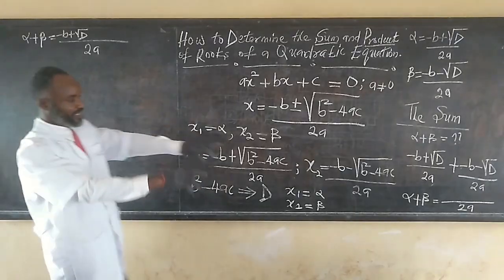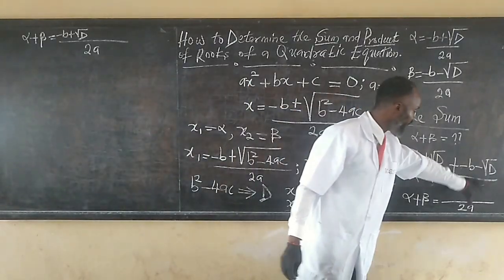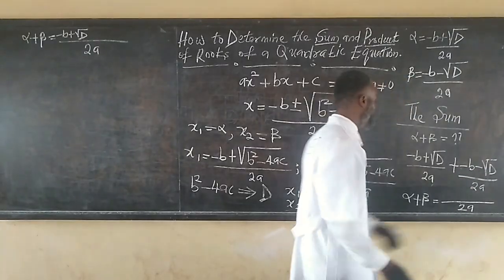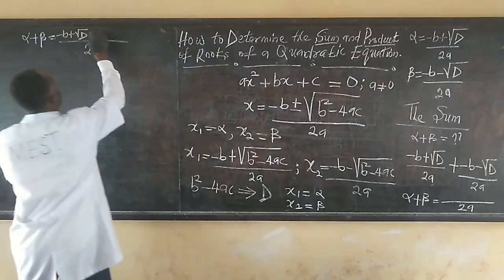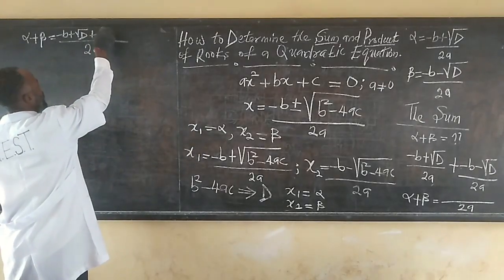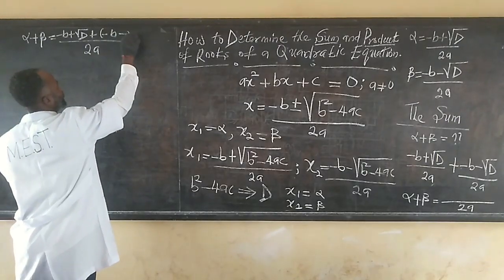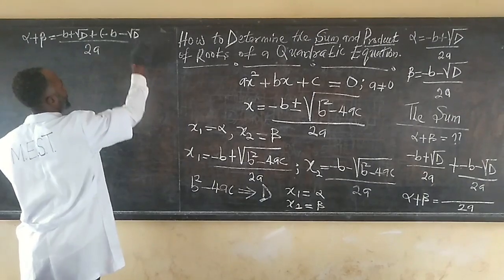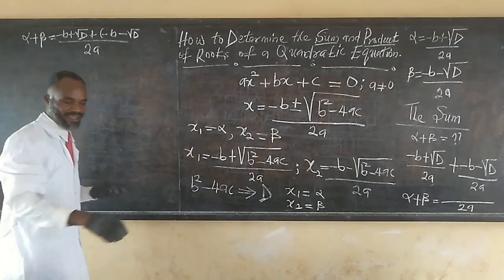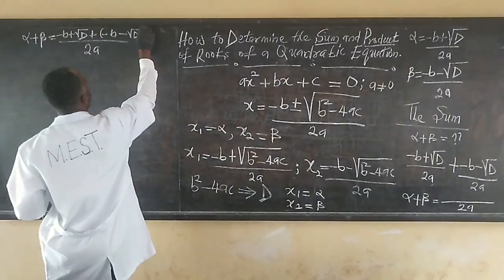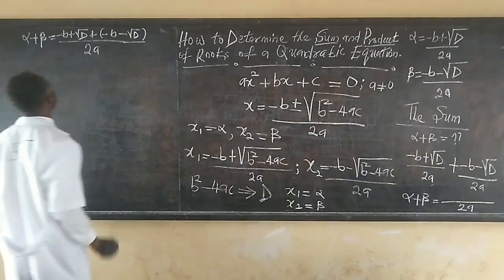And the same thing happens there: 2a divided by 2a is still 1, times all that, and we have plus, remember, minus b minus root d. Good, and close. Alright, so we have this.